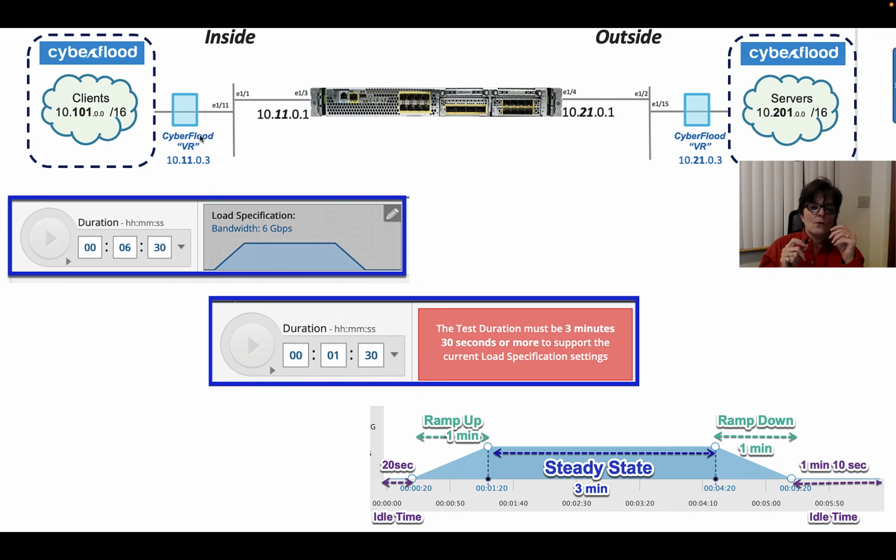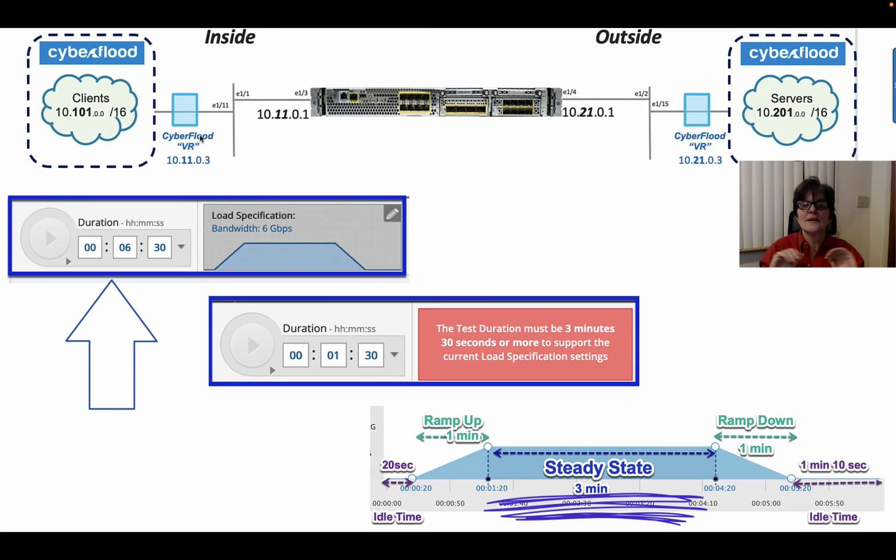So what I need you to understand is that if you go up or down in duration, if you change that duration value, that is added to or subtracted from only one of those 5 categories in there, and that's steady state. The idle times will be left alone, untouched.